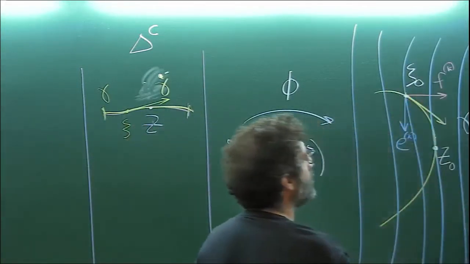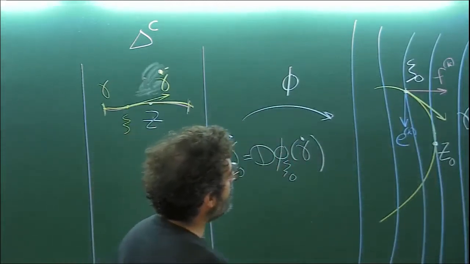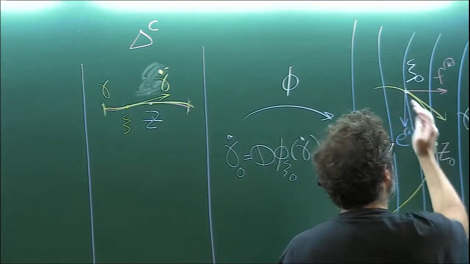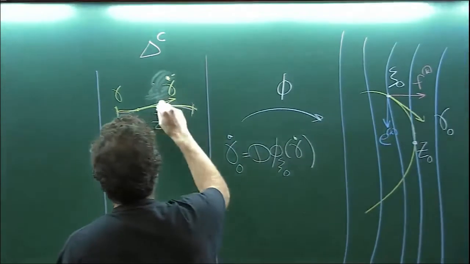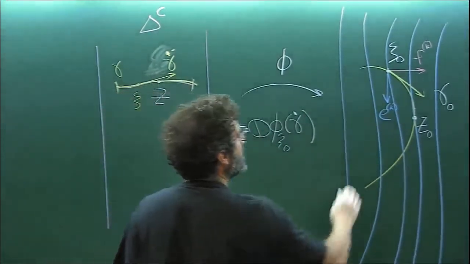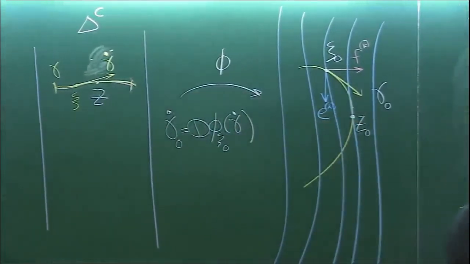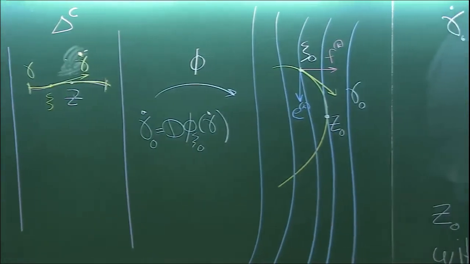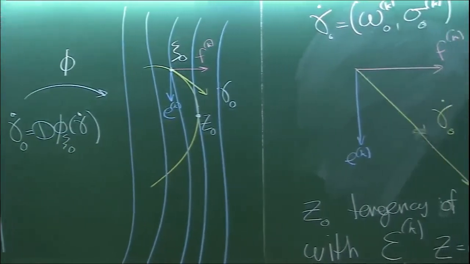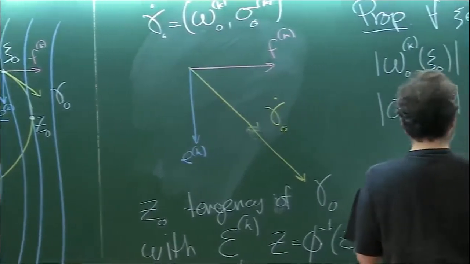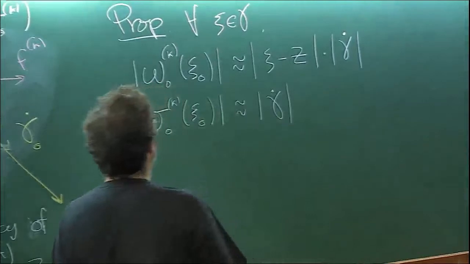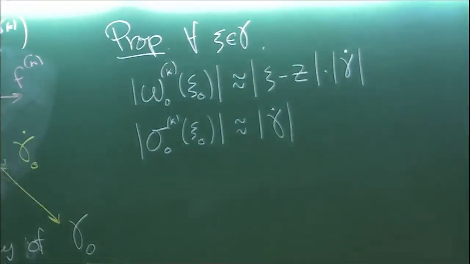So these hyperbolic coordinates allow us to make a statement, in some sense, about how this component behaves as you move away from the tangent. And the vertical component, sigma k 0, is roughly of the order of gamma dot. So there's not much change.